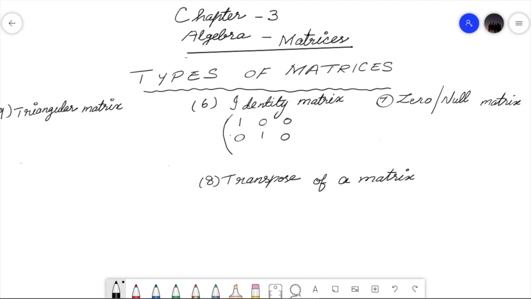The diagonal will have the value of 1. Then we say it is an identity matrix. And now what is a zero matrix? All the elements in a matrix will be 0. Then we say it is a zero matrix.